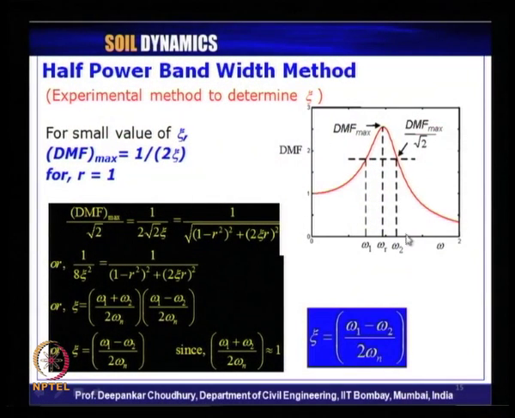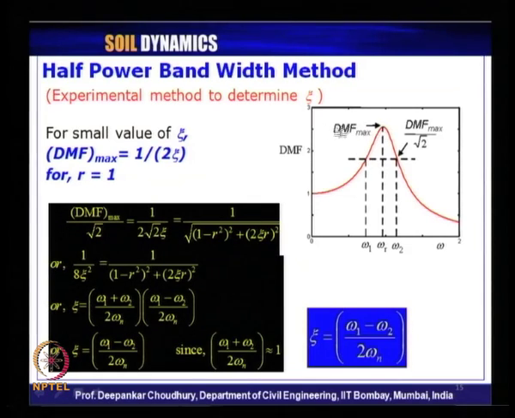So, DMF versus different applied frequency. This is actually our lambda that I am using in my derivation. These are different exciting frequencies. We get a plot like this. It starts from 1, goes up and then comes back here, subjected to a harmonic excitation.